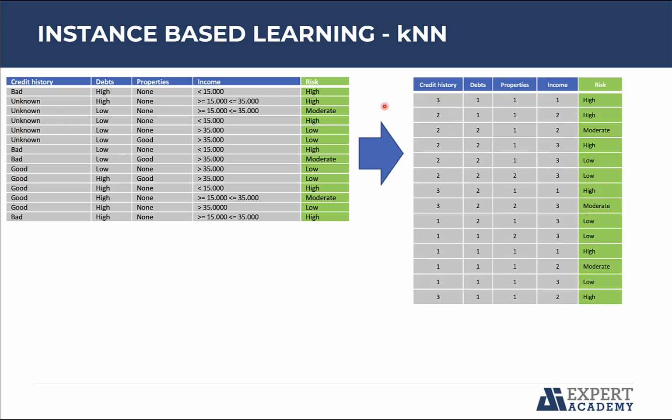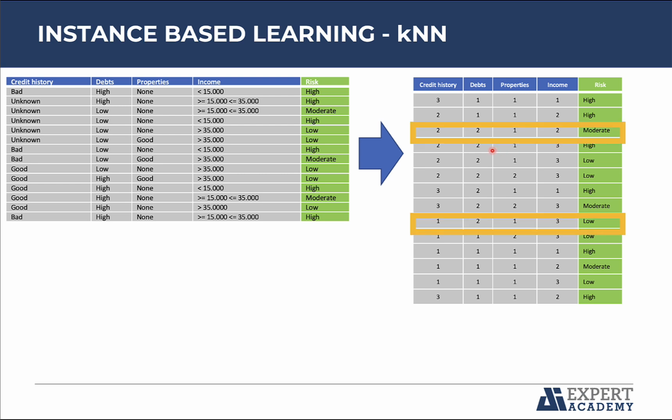For example, bad will be number 3, unknown number 2, good number 1, debts high number 1, debts low number 2, properties none number 1, properties good number 2, income less than 15 number 1, between 15 and 35 number 2, greater than 35 is represented by number 3.